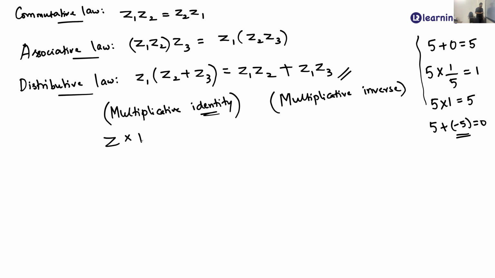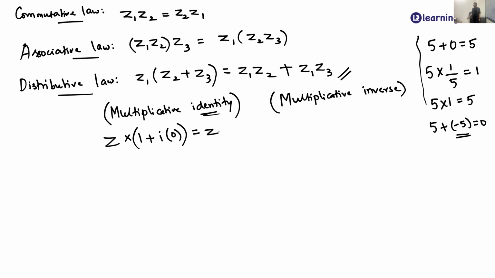But you might get a doubt, sir, 1 is a real number. But remember, every real number can be expressed as a complex number. How? You'll write it as 1 plus i times 0. So this 1 plus i times 0 is what is called the multiplicative identity of Z, because it is going to give back Z itself.